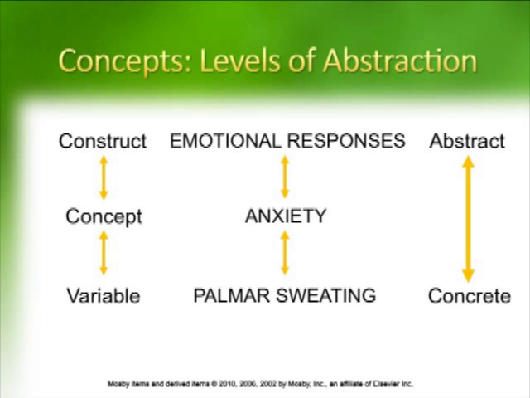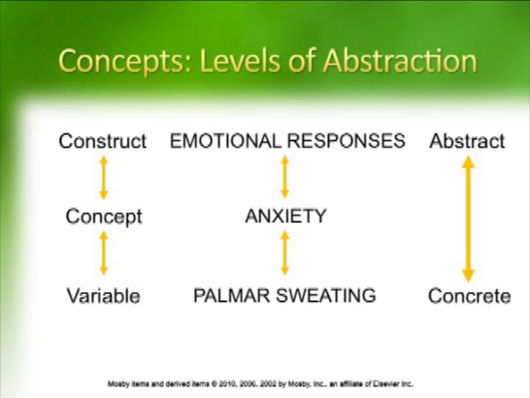Concepts have levels of abstraction, and if you look at the slide, it'll be a little bit clearer for you. Suppose we wanted to study the concept of anxiety. At the construct level, it is considered an emotional response. You can see that's a broader category to which anxiety belongs.